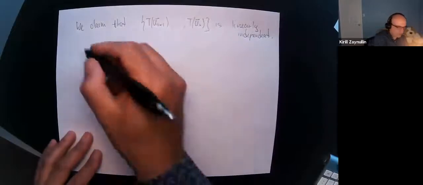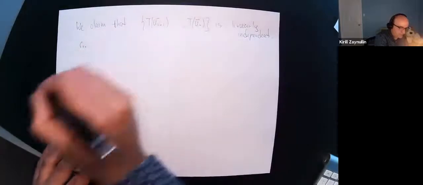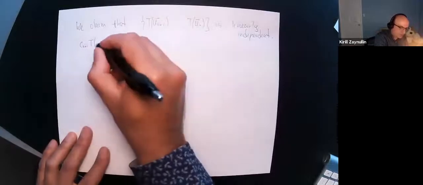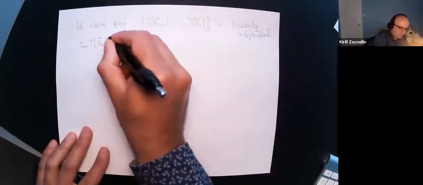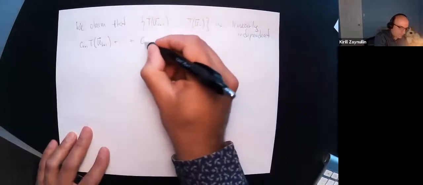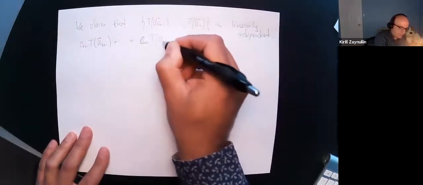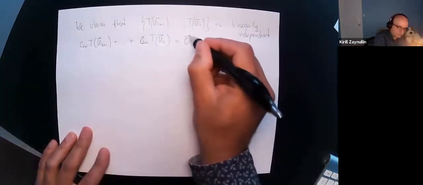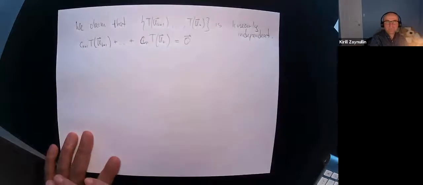So let's take a linear combination: c(k+1) T of u(k+1) plus, and so on, plus cn T of un, with some scalars. And then let's set it to be 0, and see what will happen.